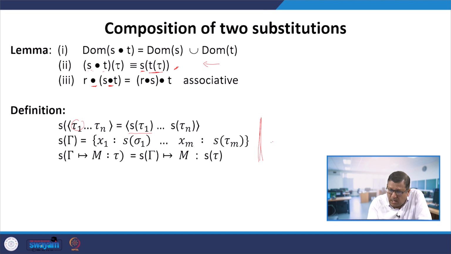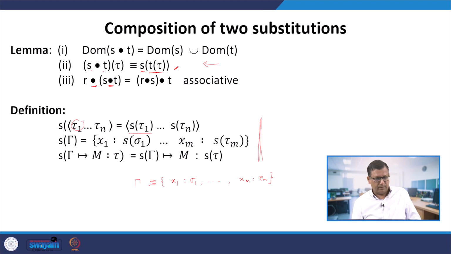And if gamma is of this form, x1 sigma 1 up to xm sigma m, this is the context, the type assignment.